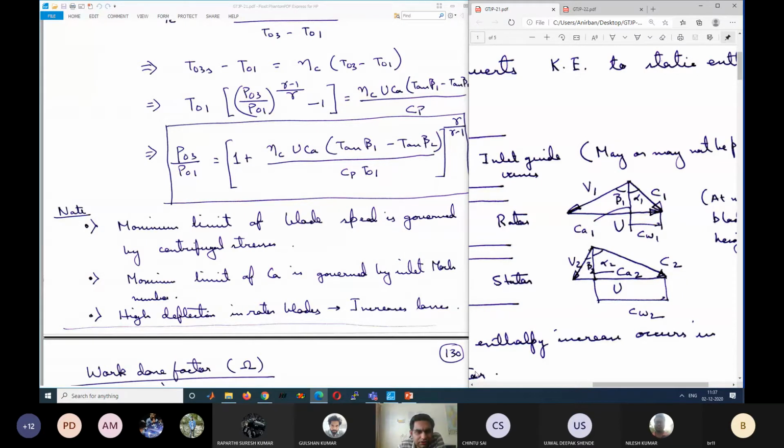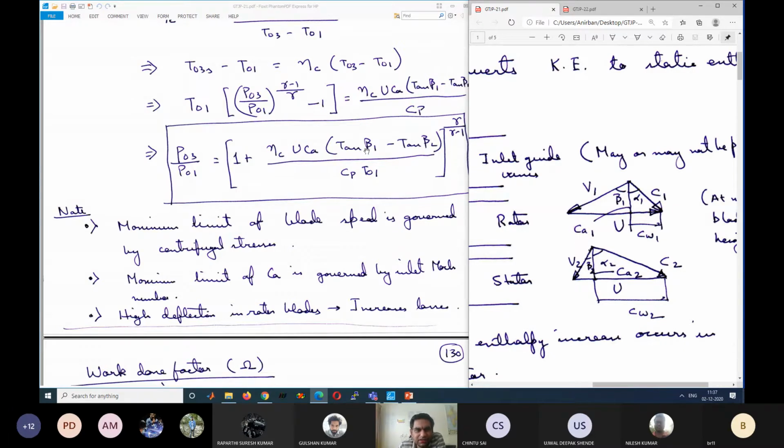So CA cannot be indefinitely increased, and Cp and T01 are not in our control, and gamma is also not in our control. So the only thing that can be changed to increase pressure ratio is the change in angle from beta 1 to beta 2. If you have a large change in angle from beta 1 to beta 2, you will get a higher pressure ratio. If you have a small change in angle, you will get a lower pressure ratio.